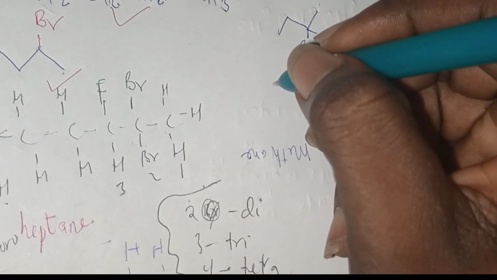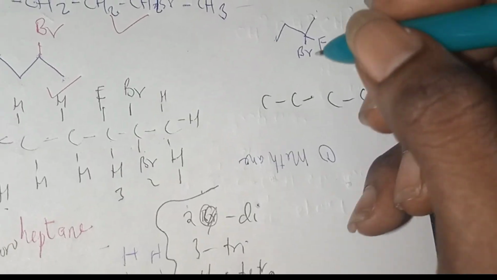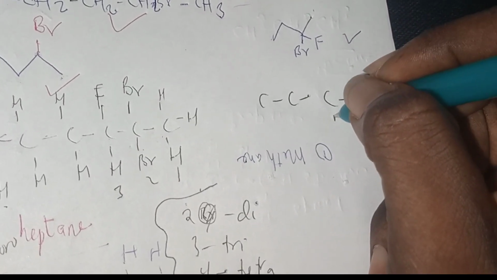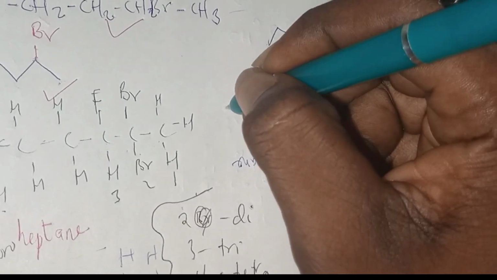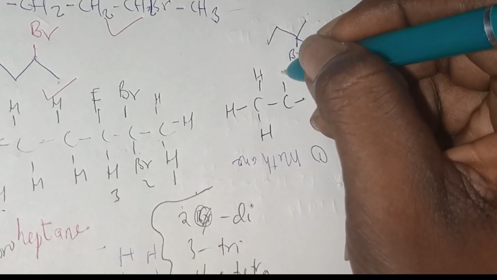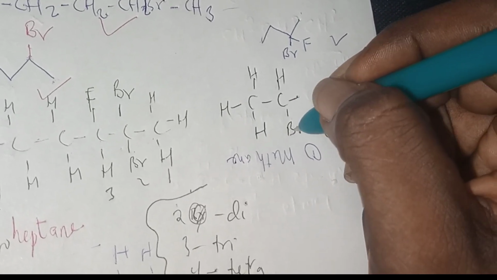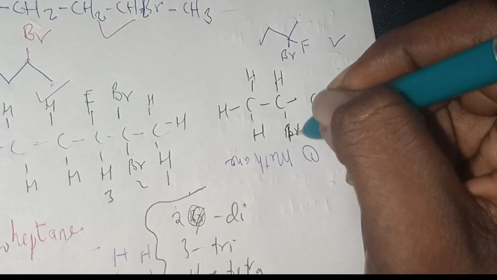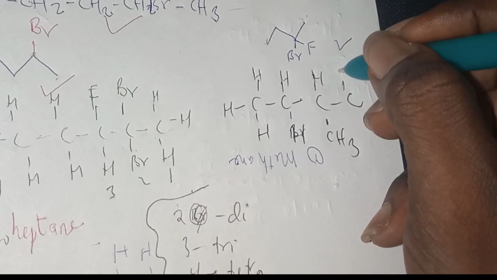Now let's say we have carbon, carbon, carbon, carbon. Then let's say we have CH3 over here. Then we have our hydrogen here. Then let's put a hydrogen over here, for the sake of practice.